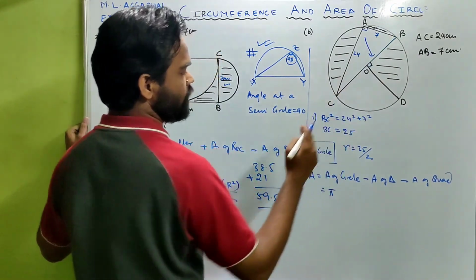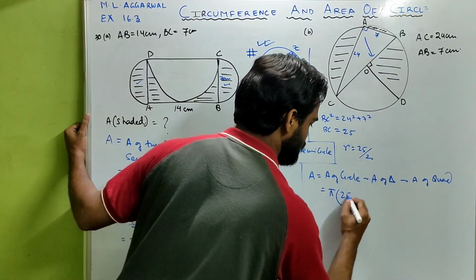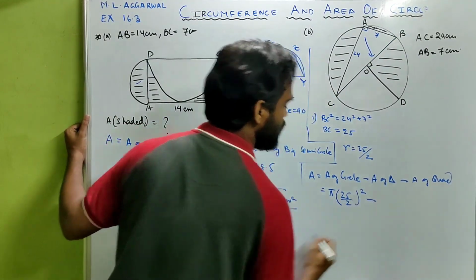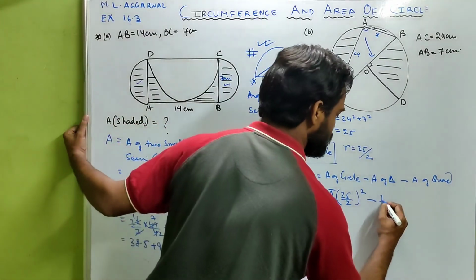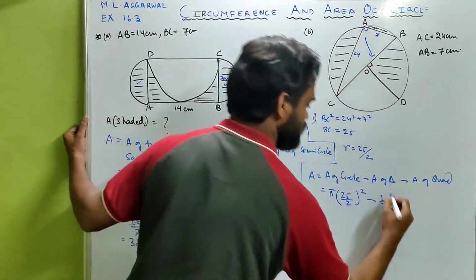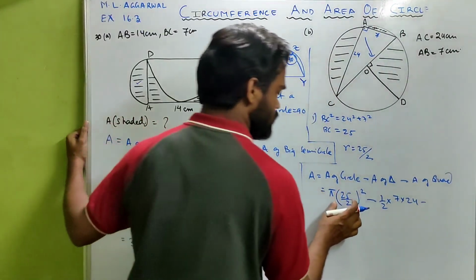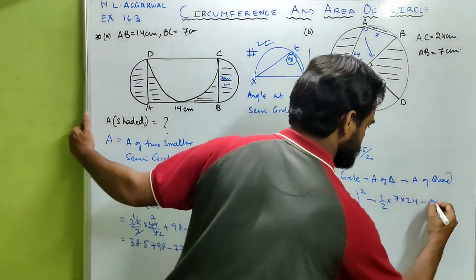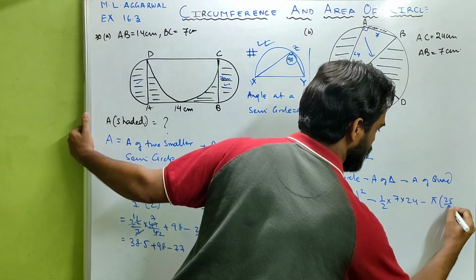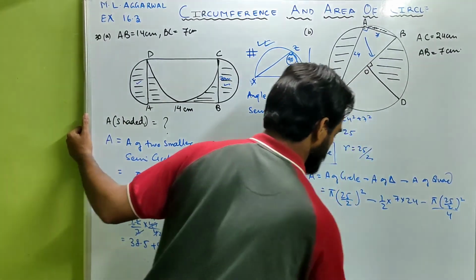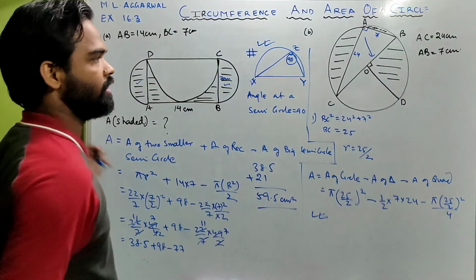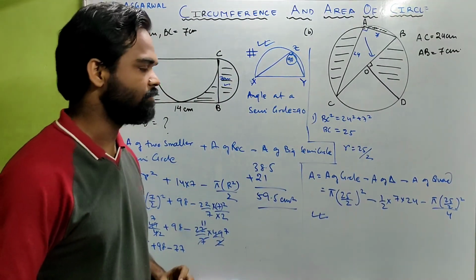BC was 25, so radius will be 25 by 2 whole square. Area of the triangle is half into base into height. So the base is 7 and the height is 24. Minus area of the quadrant is 1/4 the area of the circle, that's pi r square by 4. If you do the calculation, you can get the answer easily.